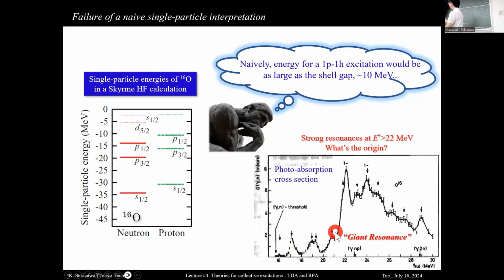So when you excite this oxygen 16 nucleus by some Coulomb field, you have some kind of resonating huge excitation mode, huge photoabsorption around this excitation energy. Okay. And this is related to the collective excitation, as indicated already here.